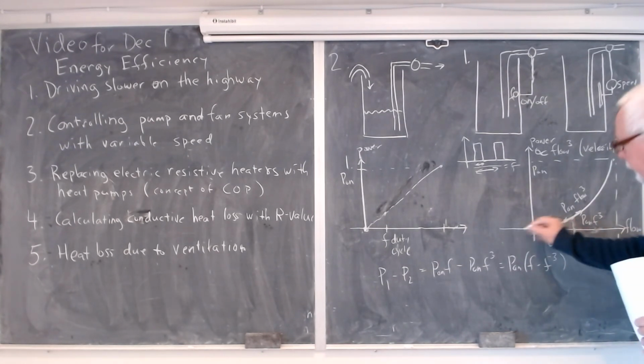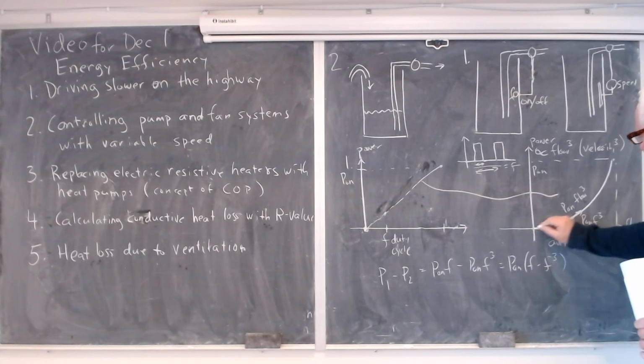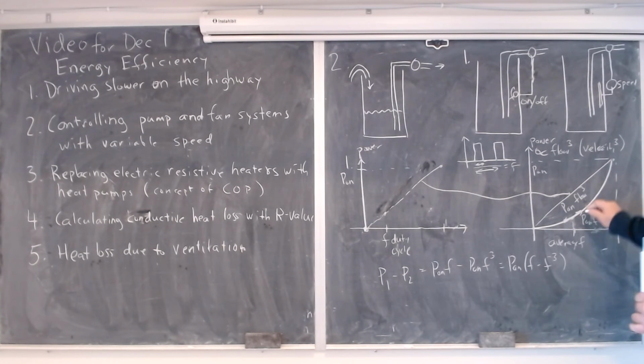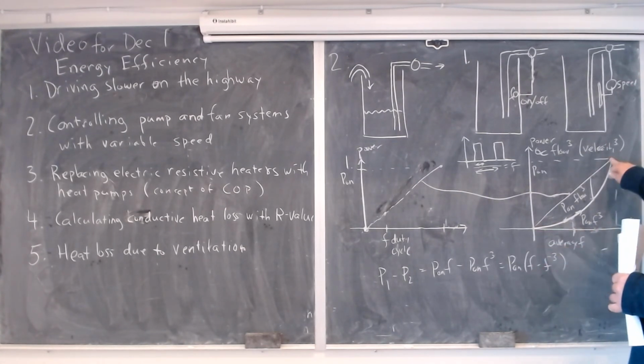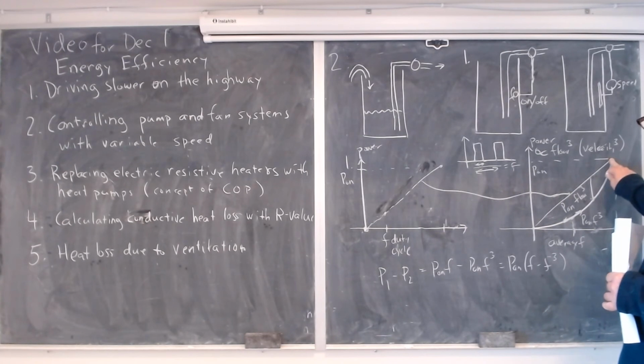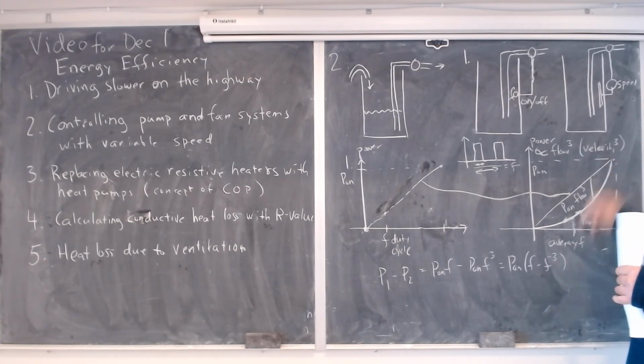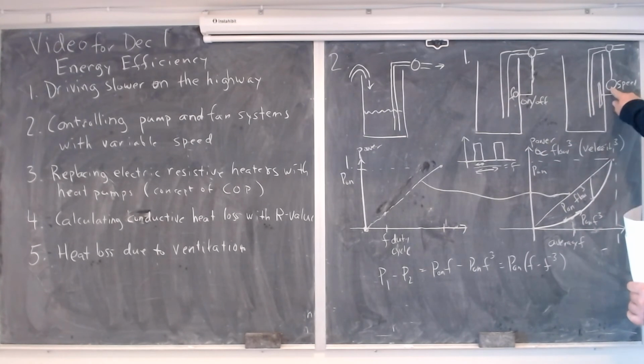And so if I take this and draw it right here, you can see that depending on what F is, you get a savings of putting it on a speed drive, because you're going from linear to cubic, and so you get a power savings of F minus F cubed. Now, you can see very quickly that if my pump is always on, I don't save any power. And in fact, you lose a little because it takes a little bit of power for this drive to work over here.